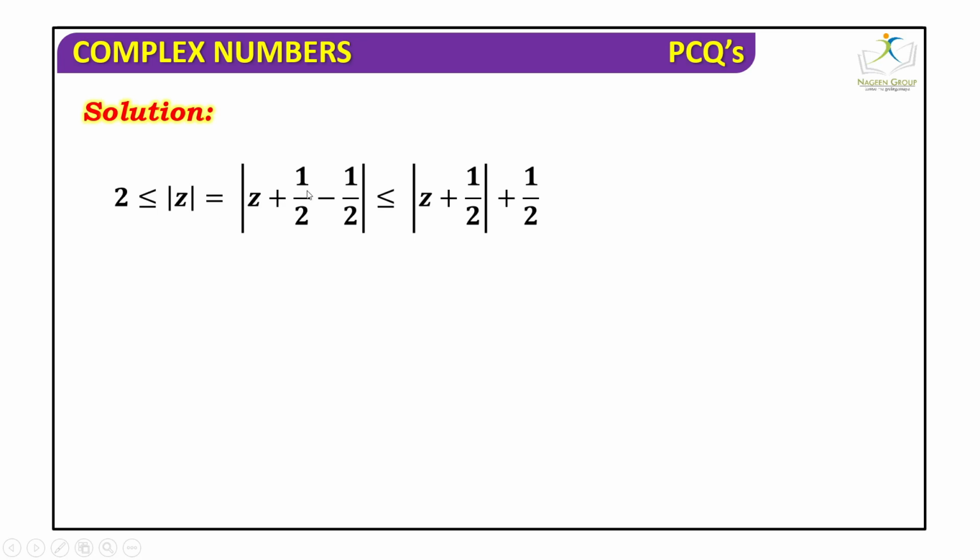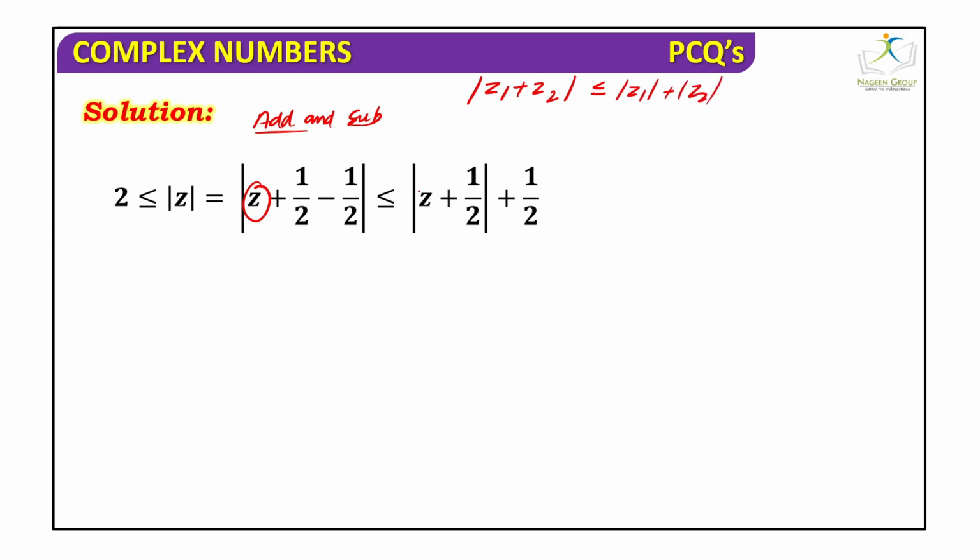So from here, what will we do? Adding and subtracting 1 by 2 on both sides. Sorry, here in this we added 1 by 2 to z and subtracted 1 by 2. So according to the formula, modulus of z1 plus z2 is less than or equal to modulus of z1 plus modulus of z2.